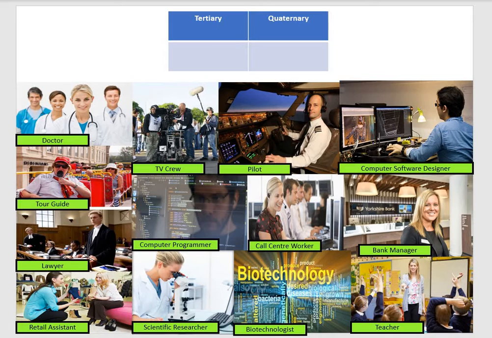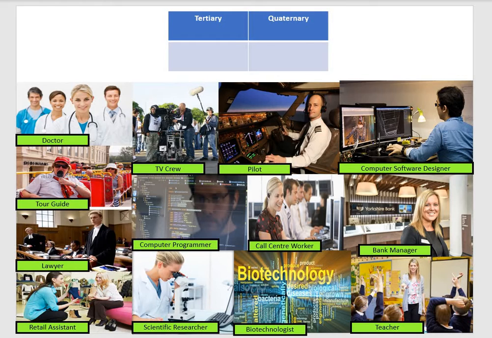Okay, so what you should have come up with is the idea that for tertiary we have got things like doctors, tour guides, lawyers, retail assistant, TV crew, pilot, call centre worker, bank manager and teacher. For a lot of these jobs you need to have a university level education, or even postgraduate qualifications.